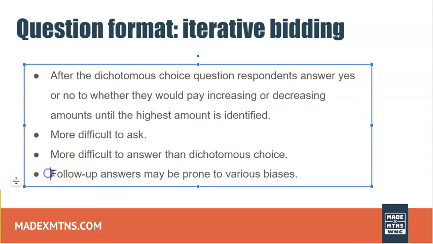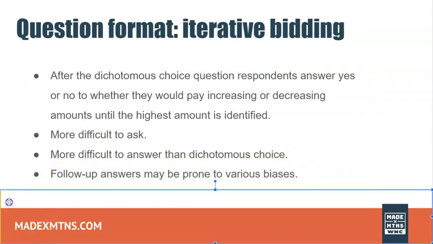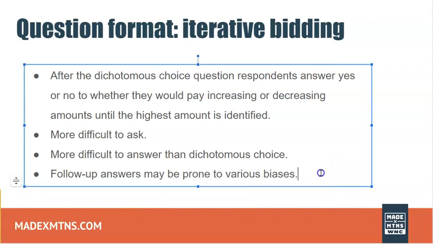And then follow-up answers may be prone to various biases that we have run out of time to talk about. But they're out there, and they can be serious, so willingness to pay estimates a lot of times need to be adjusted statistically.